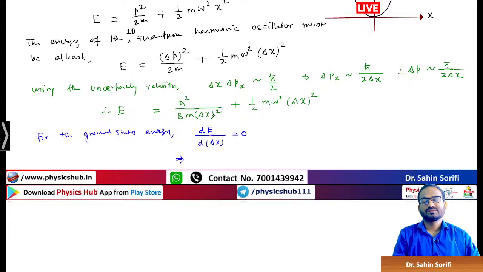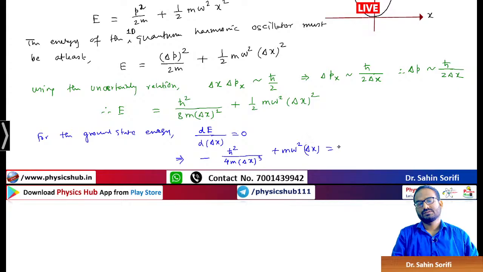Derivative with respect to delta x, so minus 2 minus 3, so minus h cut square by 4 m delta x cube, and in the second term this 2 is cancelling, and this is equal to 0. So it means h cut square by 4 m delta x cube is equal to m omega square delta x.